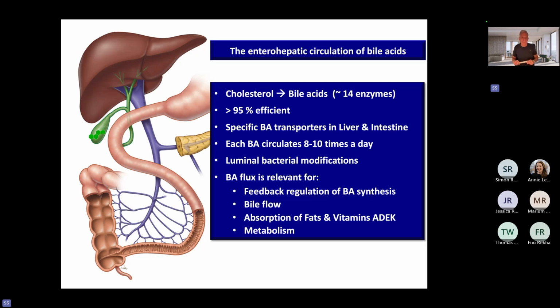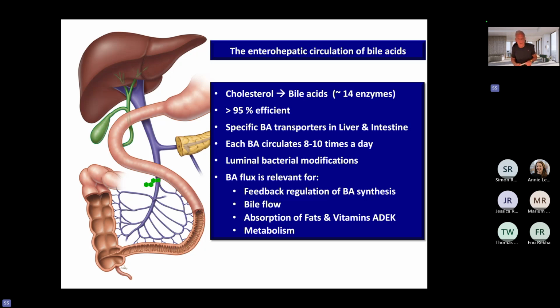The key to all of this, and prevention of all of this, is the maintenance of the enterohepatic circulation of bile acids. Cholesterol is the mother product, the starter for all bile acids, and the synthesis of bile acids goes through steps involving 14 different enzymes for cholesterol to ultimately become a bile acid.